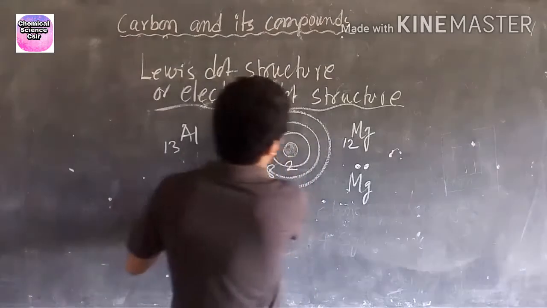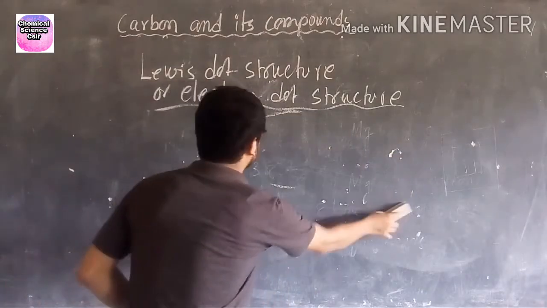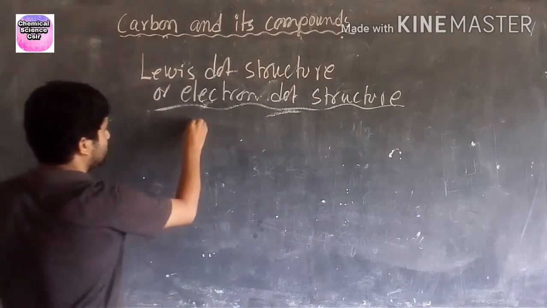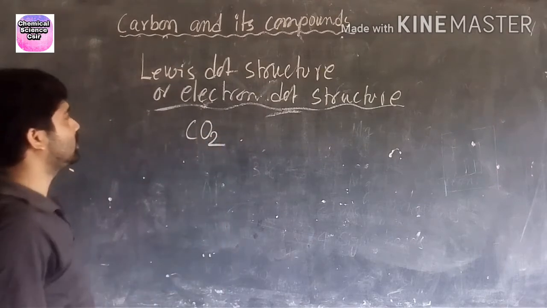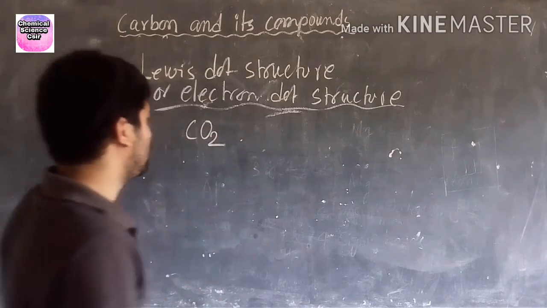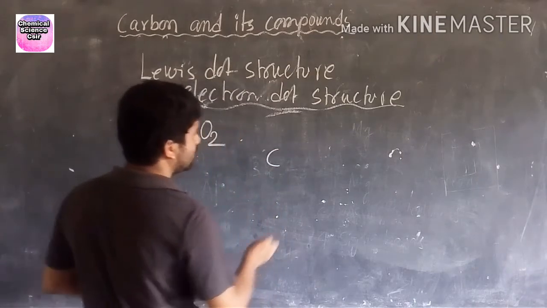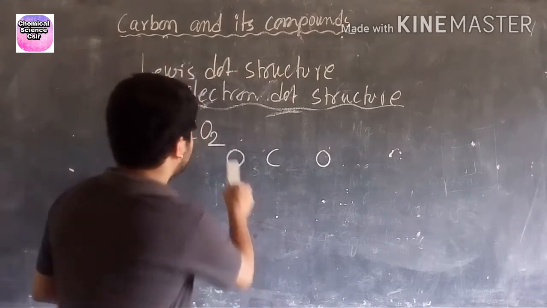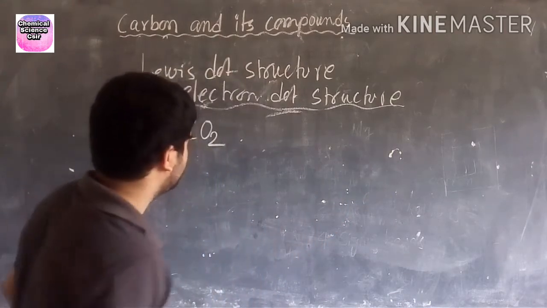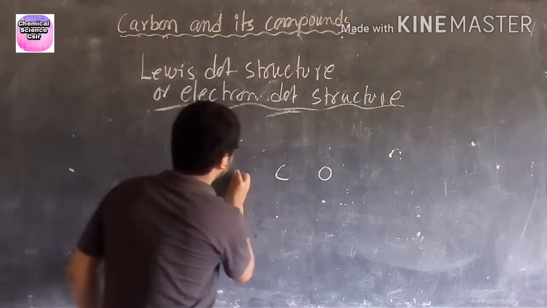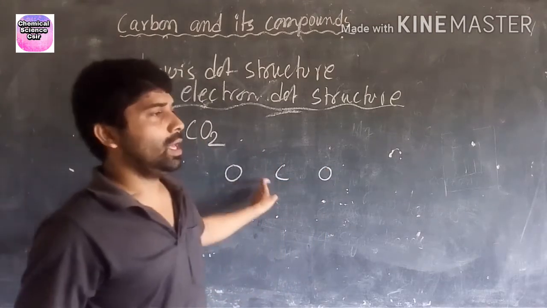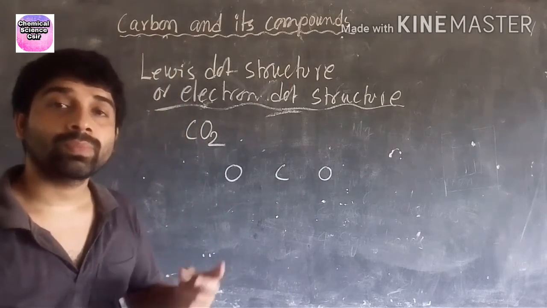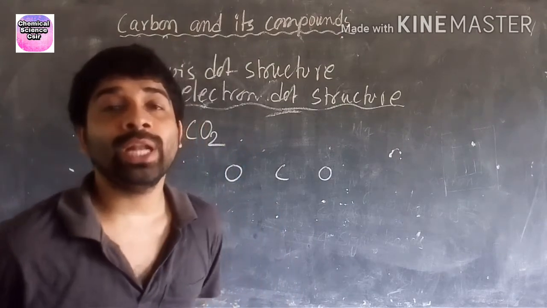Now one more example, carbon dioxide. Carbon, and you write oxygen on this side, and here also one oxygen. The atomic number of carbon is 6. In the outermost shell how many electrons are occupied?